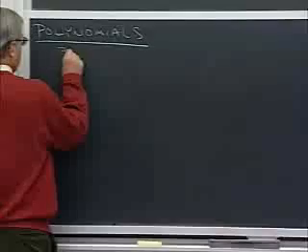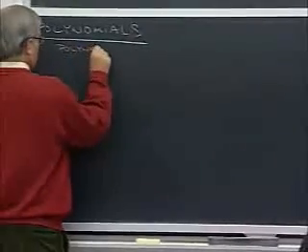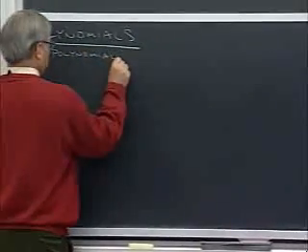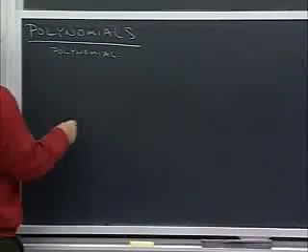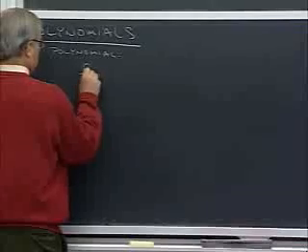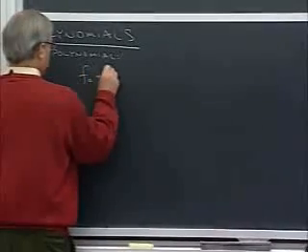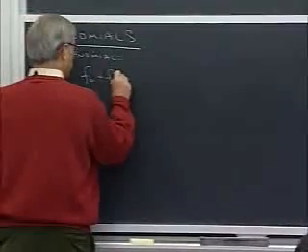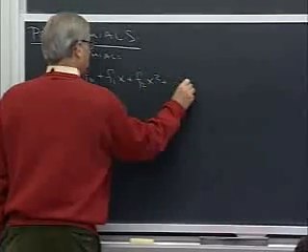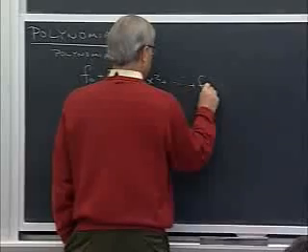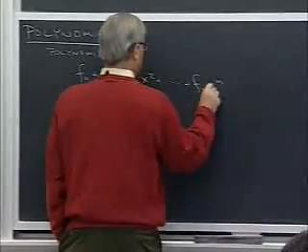A polynomial. Maybe the simplest way, how do you define a polynomial? Well, what does it look like? It looks like this: f0 plus f1 times x plus f2 times x squared, and so forth, plus fm times x to the m.